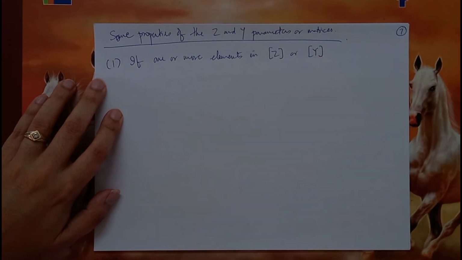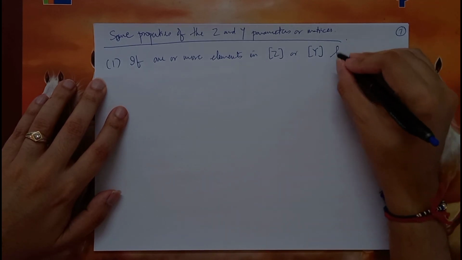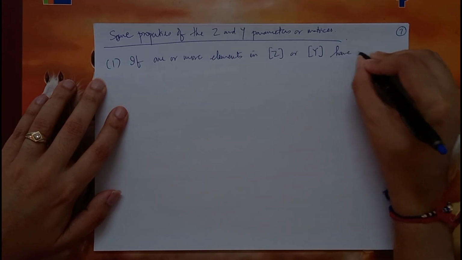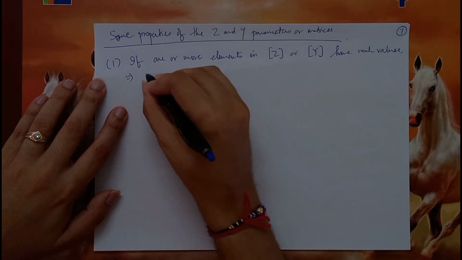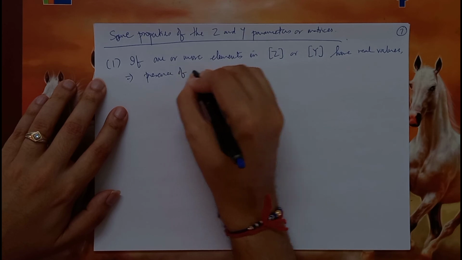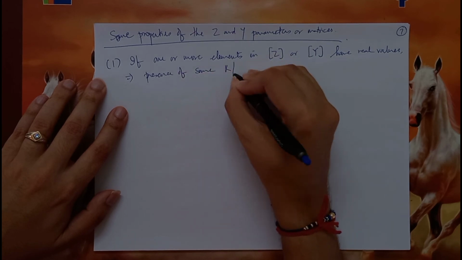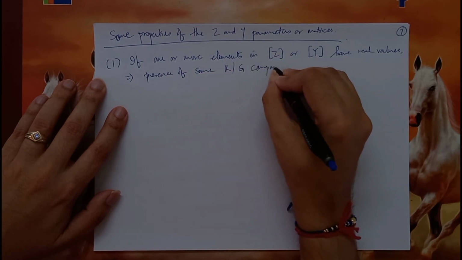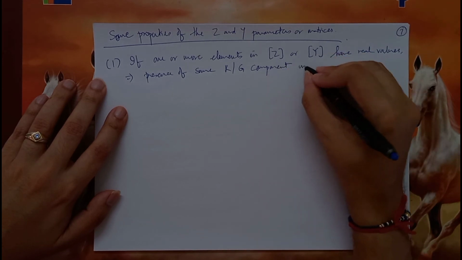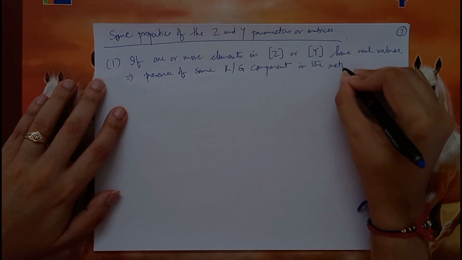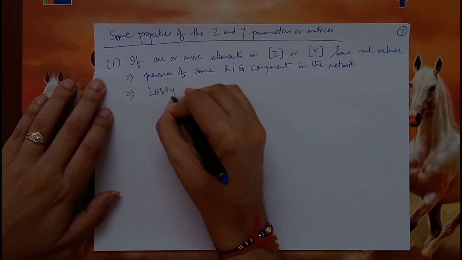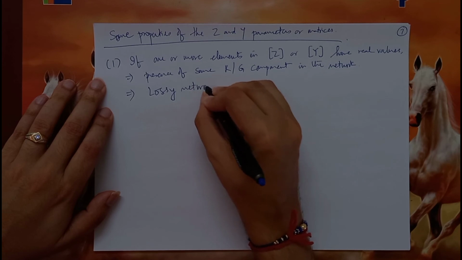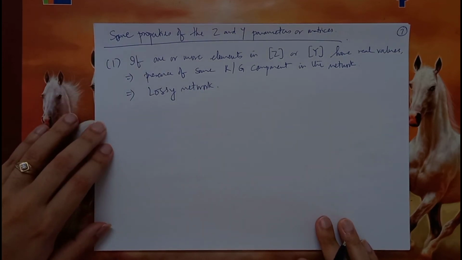This means the Z matrix or the Y matrix has real values, which means presence of some R or G component in the network. And that means this is a lossy network.